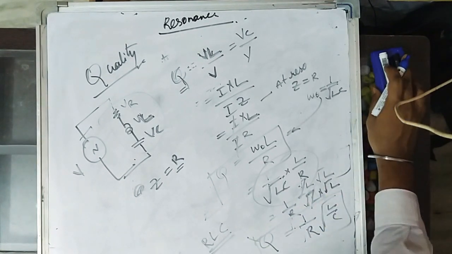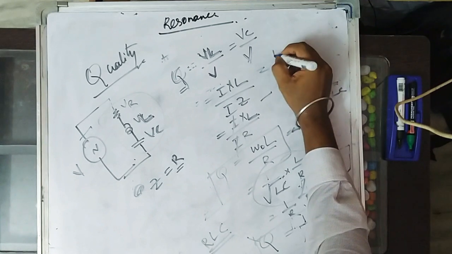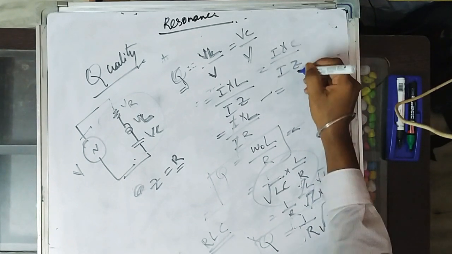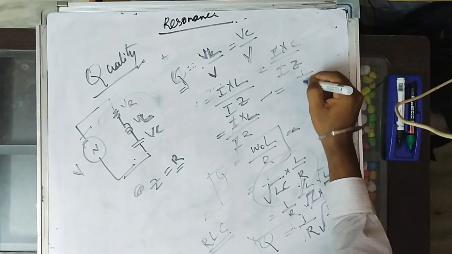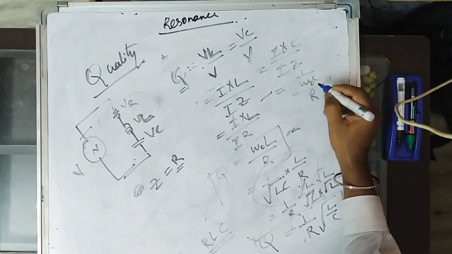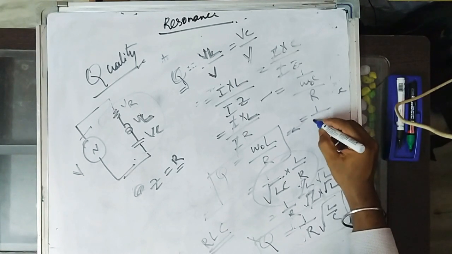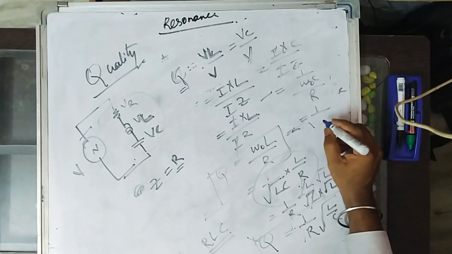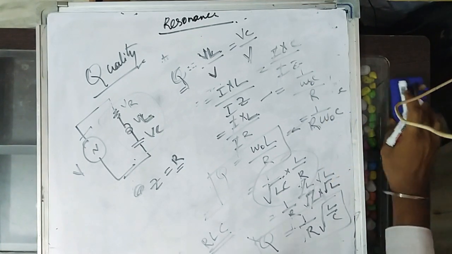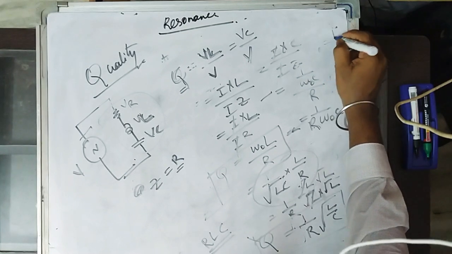Similarly, you can solve for VC by V. So VC equals I into XC, which is I into Z. Cancelling I, XC equals 1 by omega C. At resonance Z becomes R. So this becomes 1 by R into omega naught C. We have omega naught equal to 1 by root of LC.